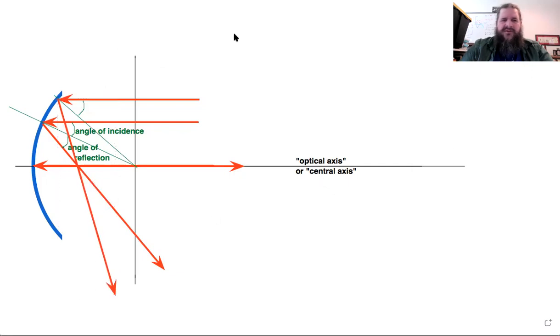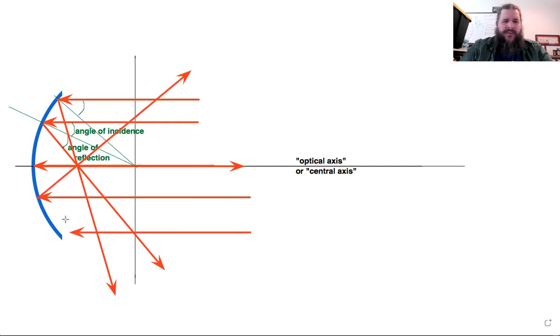Even if we start off below the center, if you've got this incoming parallel ray, it's going to hit the mirror and bounce off. And in this case, I don't even need to draw out the normal line. The general pattern is that any incoming ray that's parallel to the central axis is going to bounce off straight towards that same intersection point.